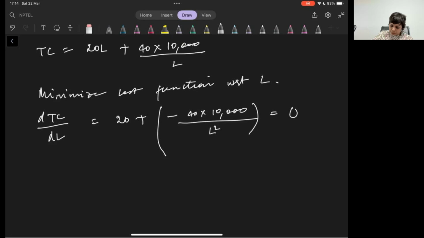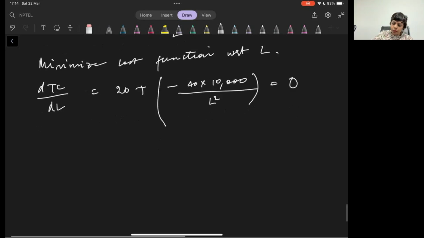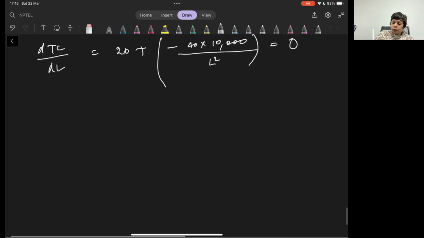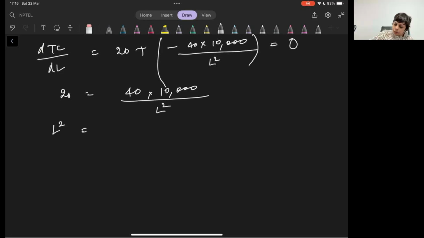This we equate to 0, or in other words, you take the second expression to the right hand side, and you get 20 is equal to 40 into 10,000 upon L square, or simply L square is equal to 2 into 10,000.